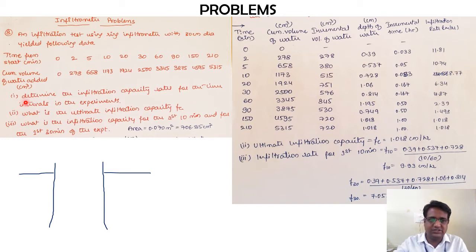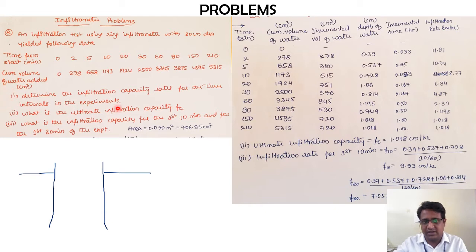First is to determine the infiltration capacity rates for the time intervals in the experiment. That is, for each of the time intervals, 2 minutes, 5 minutes, 10, 20, 30, 60, 90, 150 and 210, they are asking you to determine the infiltration rate.